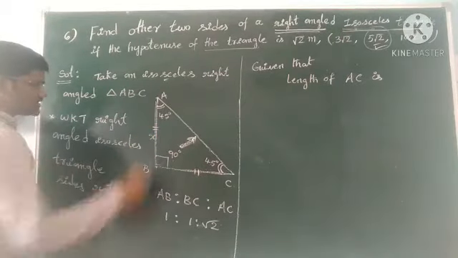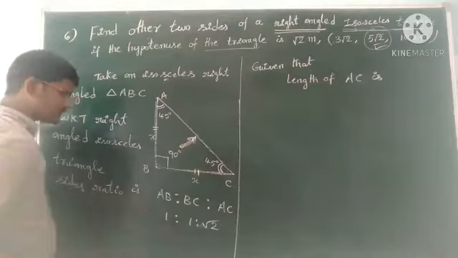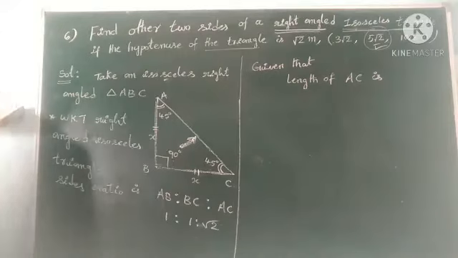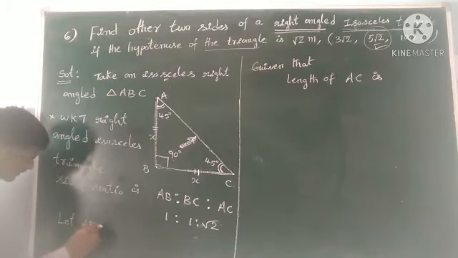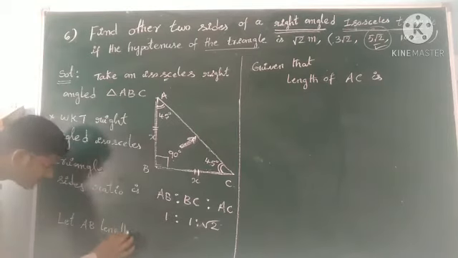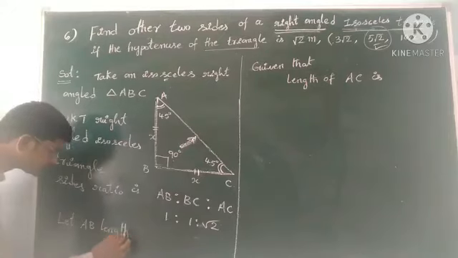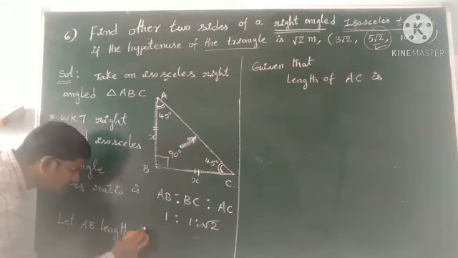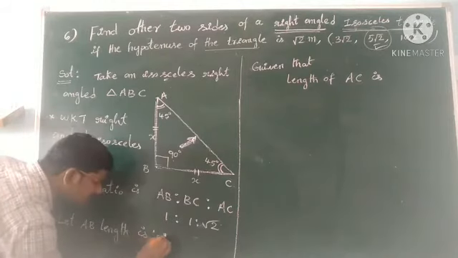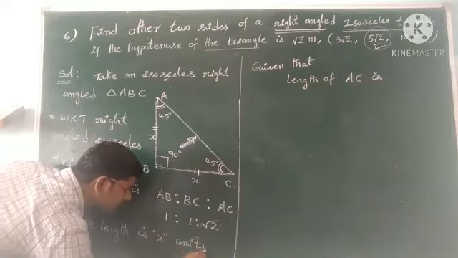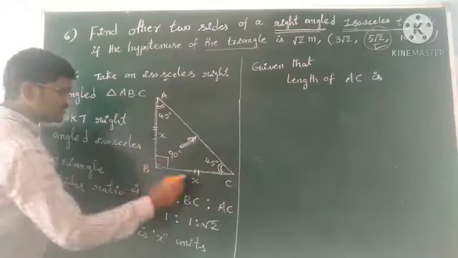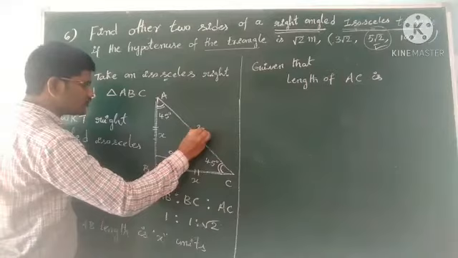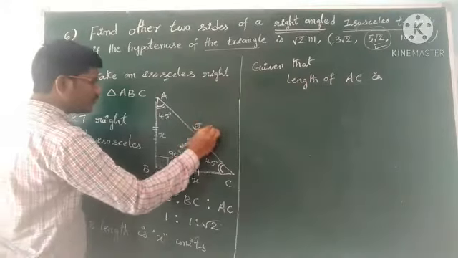If AB length is x units, then BC length is x units, and AC is √2 times, so it becomes √2 into x.